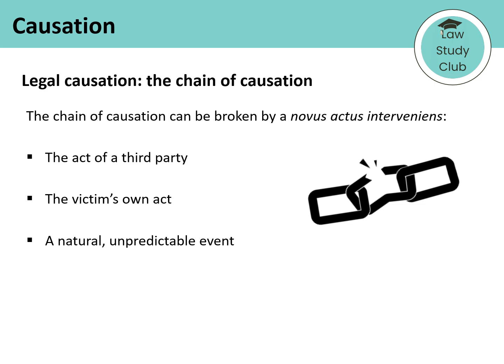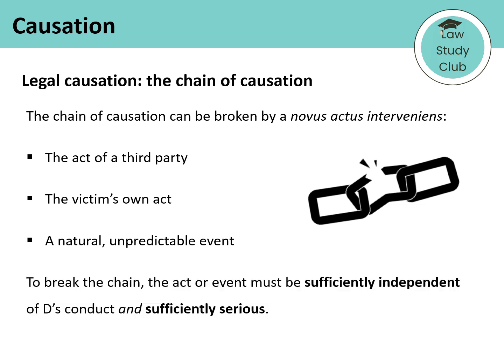A natural, unpredictable event, which used to be called an act of God, means something over which nobody, not the defendant, not the victim, and not a third party, has any control, that contributes to the eventual harm, such as the sudden flash of lightning that distracted the motorcyclist. However, to break the chain of causation, any of these intervening acts must be sufficiently independent of the defendant's conduct and sufficiently serious.